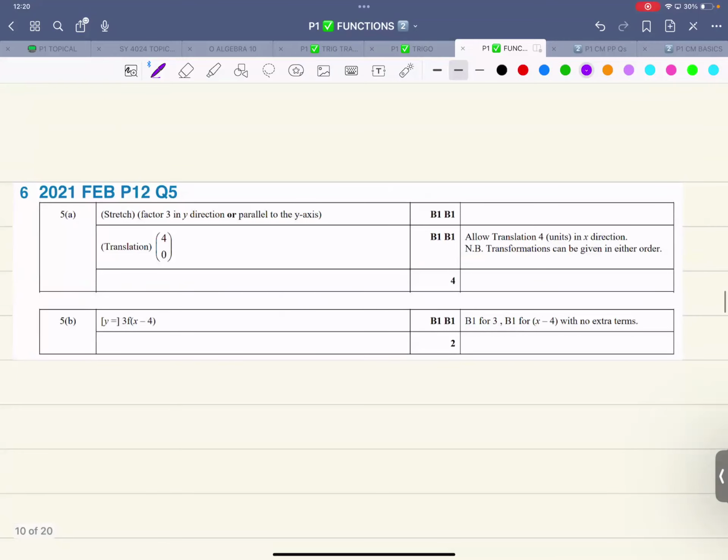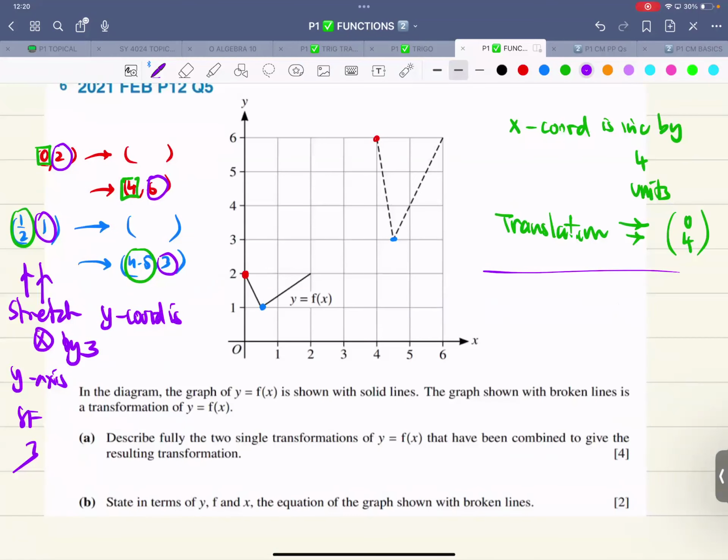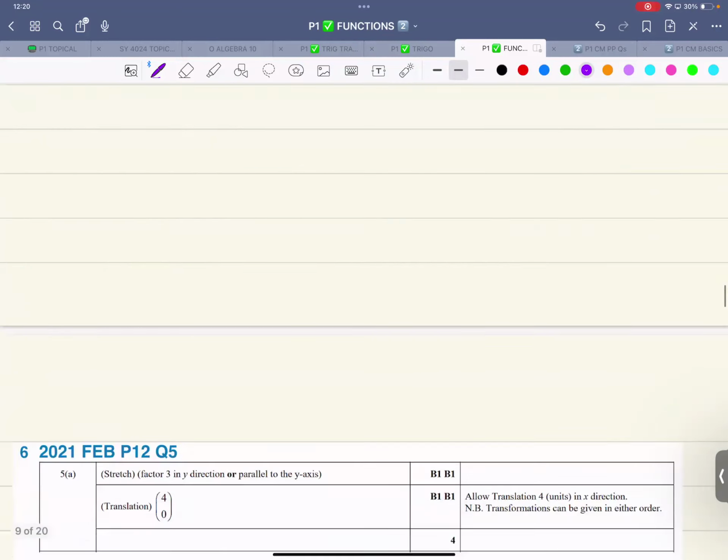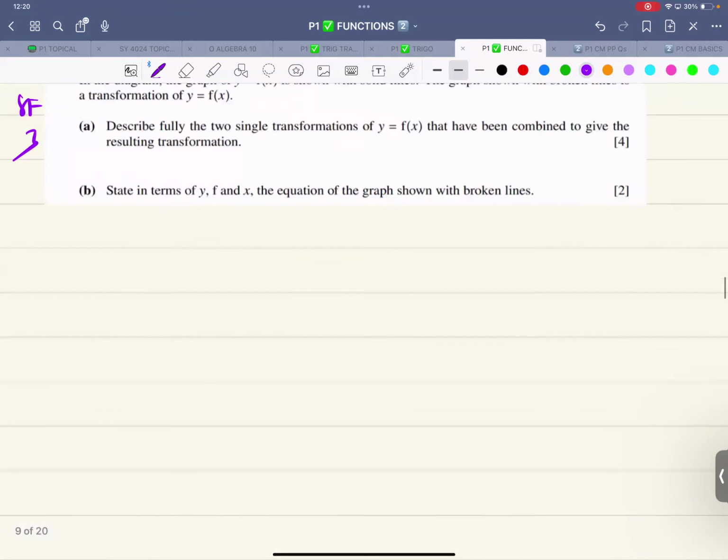I make that mistake. It's along the x-axis. This is translation 4, 0. This is scale factor 3 in y direction. This is all we have.